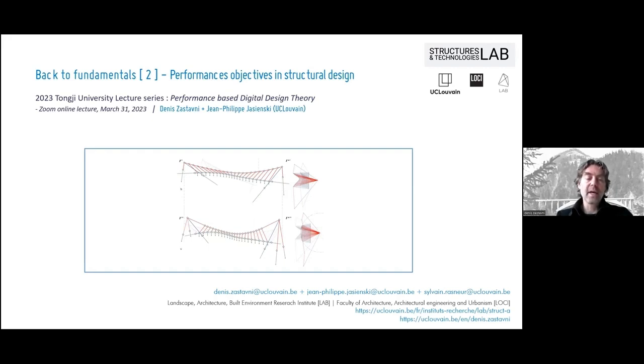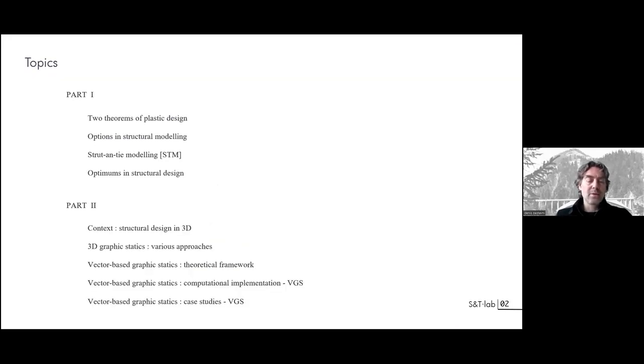structural design. Today we will use the principle of the plastic theorem to make a link with graphic statics for design purposes. This will lead us to discuss a series of topics. The first will be the two theorems of plastic design. Then we will discuss options in structural modeling, strength modeling, and optimum in structural design.